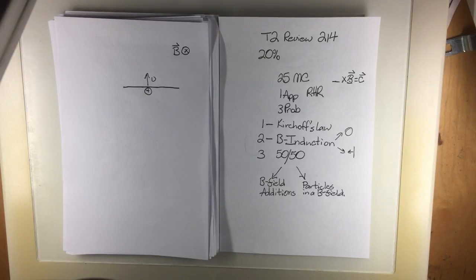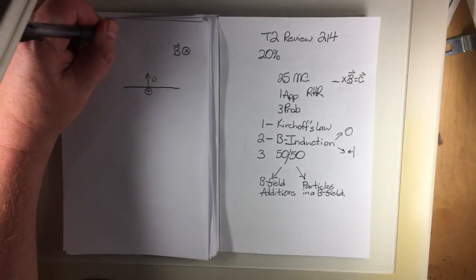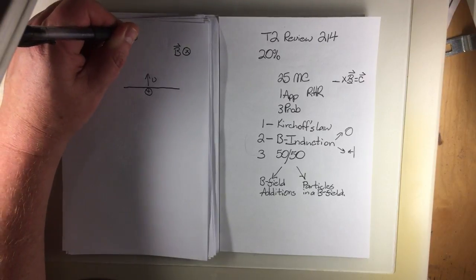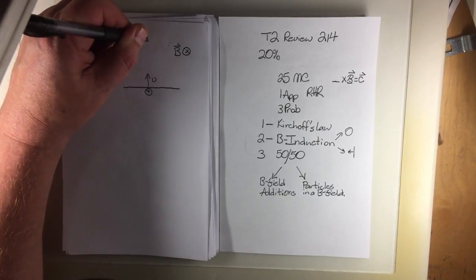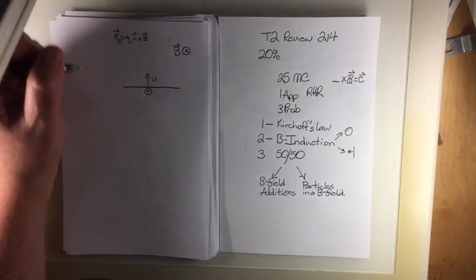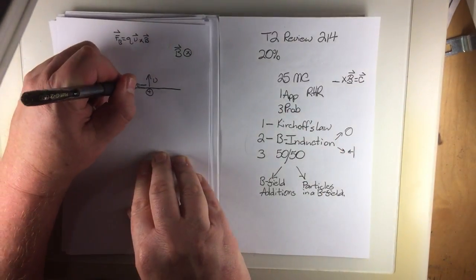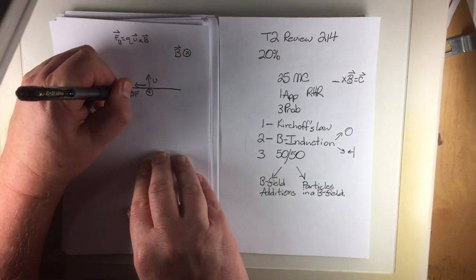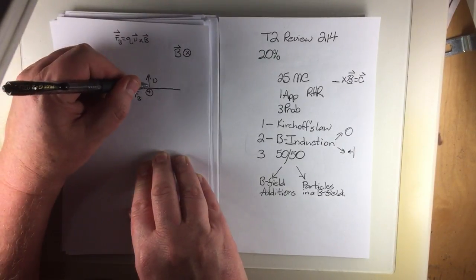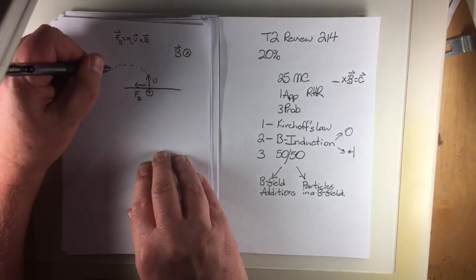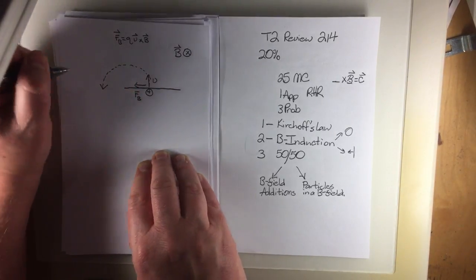If the particle is positive and the B field is in, does it bank left or right? So the magnetic force is q v vector cross B vector. V cross B, thumb points left, which means that the magnetic force is that way. So what it will do is it will bank like that.